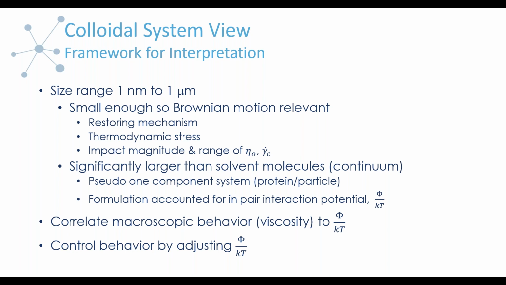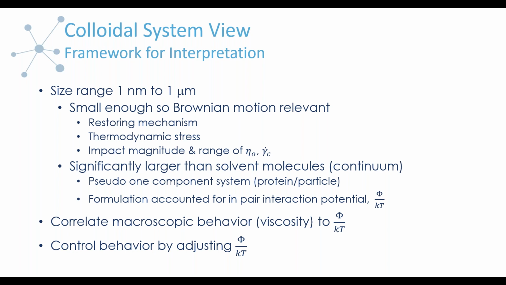So the first thing that is defined is the colloidal size domain. And this is going to be components ranging from about a nanometer to about a micron. This upper bound, the micron length scale, is basically ensuring that these components are small enough that they're still undergoing Brownian motion. So thermal fluctuations in the solvent still cause this random motion on a continuous basis in the fluid.